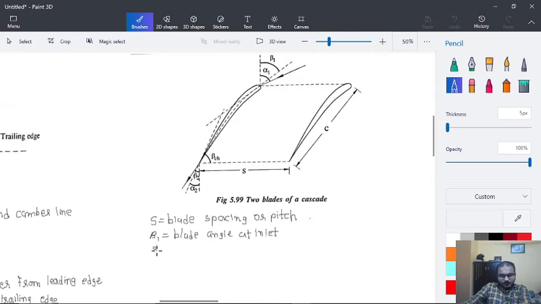Alpha 1 is equal to flow angle at inlet. Similarly, we can write down for beta 2 and alpha 2. Beta 2 is blade angle at outlet and alpha 2 is flow angle at outlet.